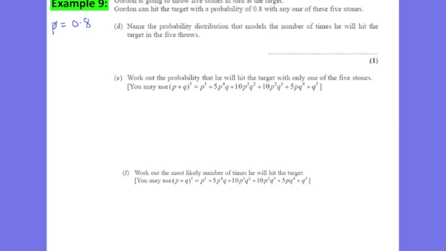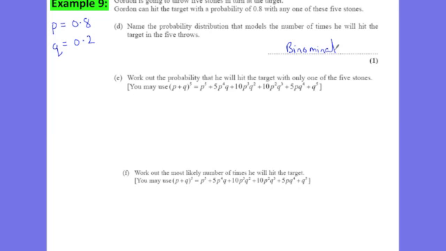If the probability of success is 0.8, therefore the probability of failure is 0.2. Why? They must add up to 1. We are then asked to name the probability distribution that models the number of times he will hit the target in the 5 throws. This here is a binomial distribution.